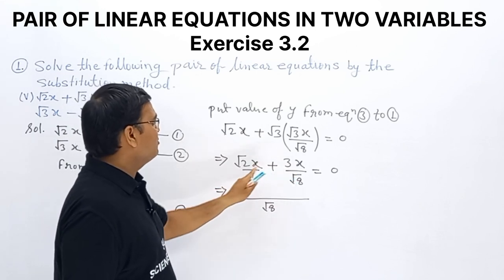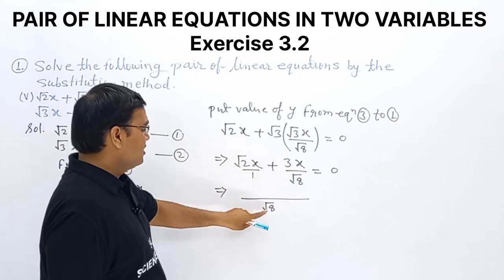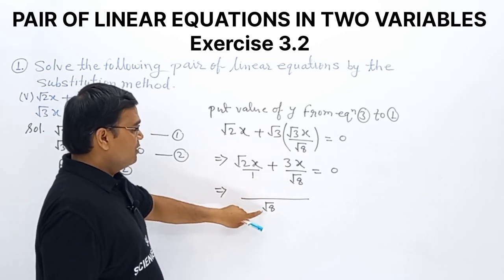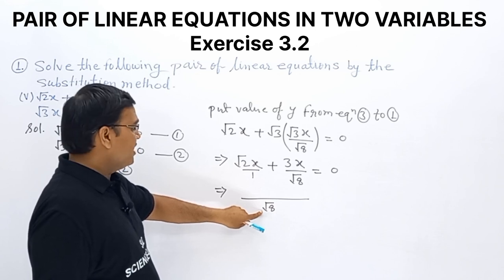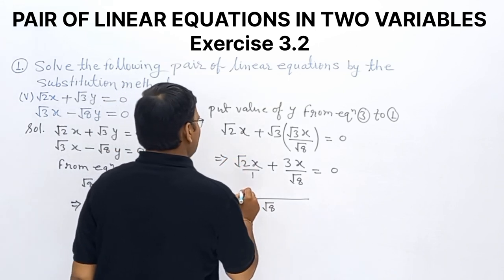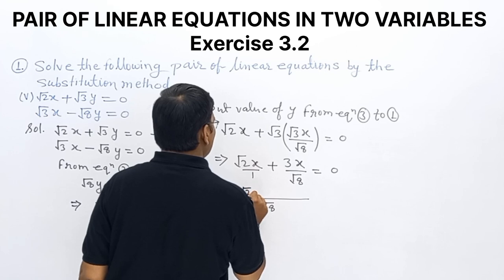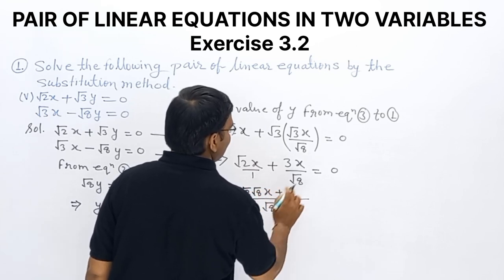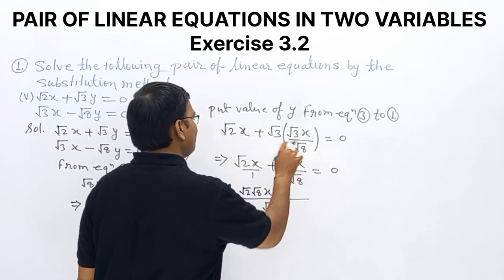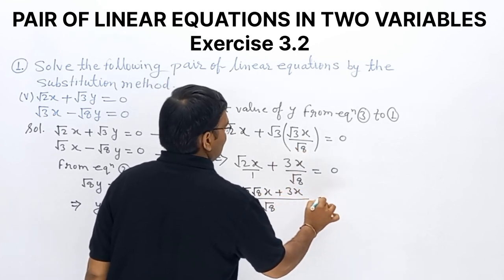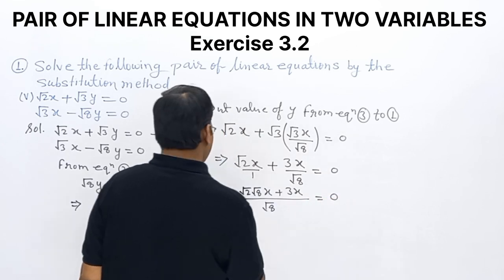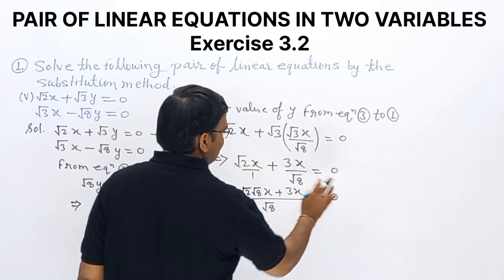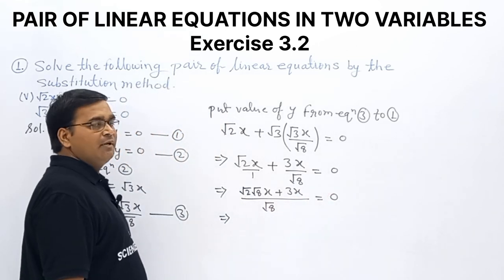Multiplying the first term by square root of 8, we get square root of 2 into square root of 8 times x, plus 3x, equal to 0. Once we cross multiply, the denominator is multiplied by 0, so the right side is 0.